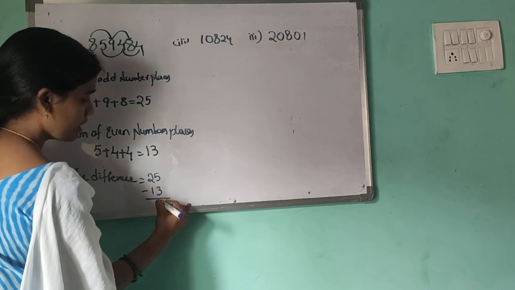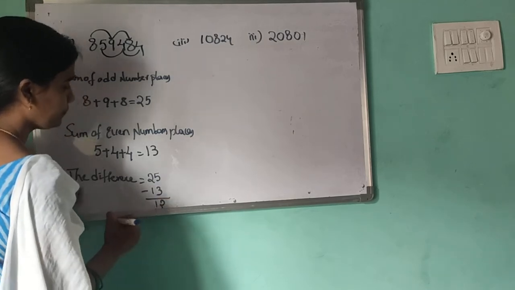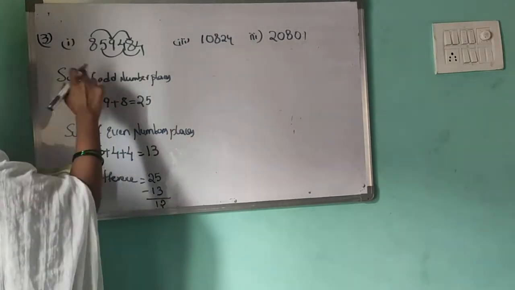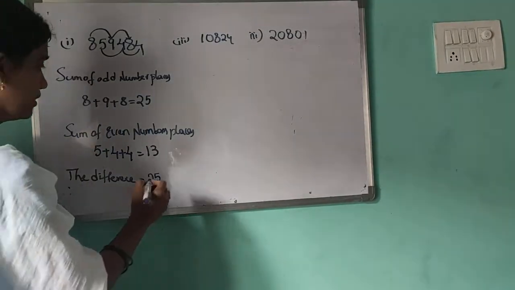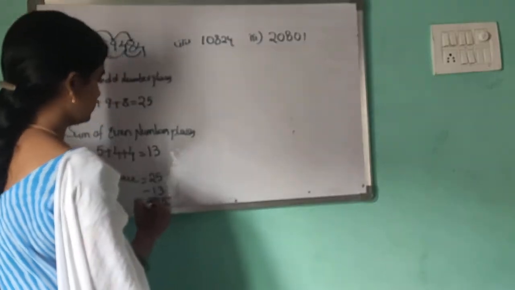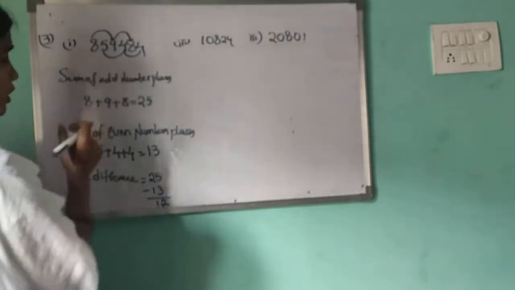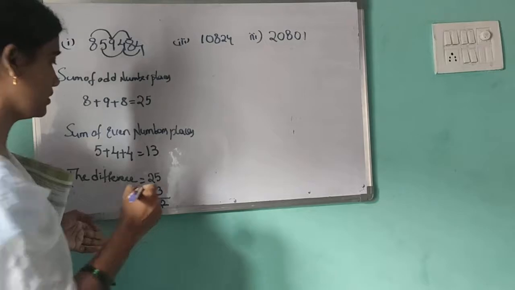The answer is 12. So this number is not divisible by 11.